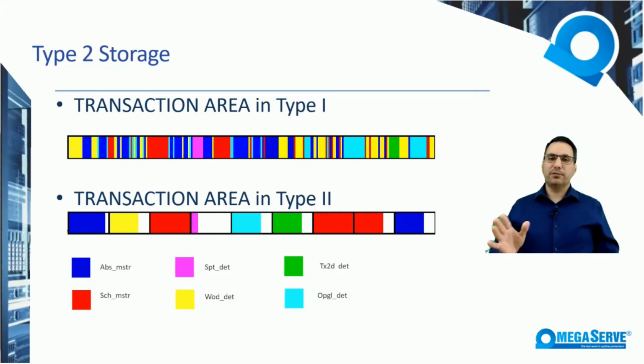So we don't have to run a dump and load as often with type 2 storage areas. So all your records are contiguous. So when you're reading ABS master, for example, or XX ABS master, you're only reading records pertaining to that table. You're not reading anything else that has no value and that causes more of a performance impact.